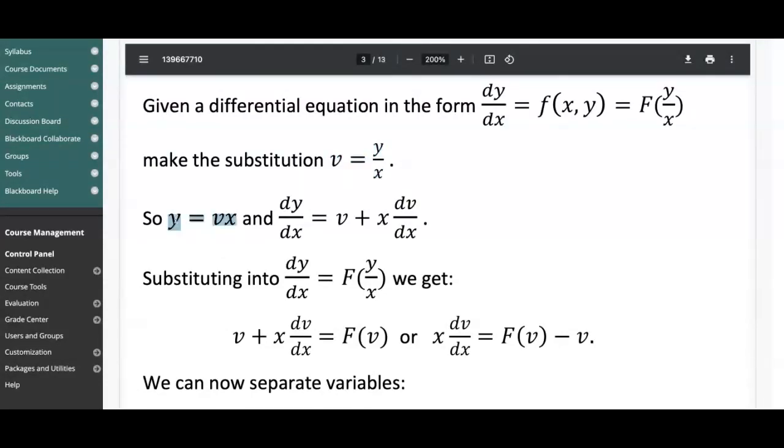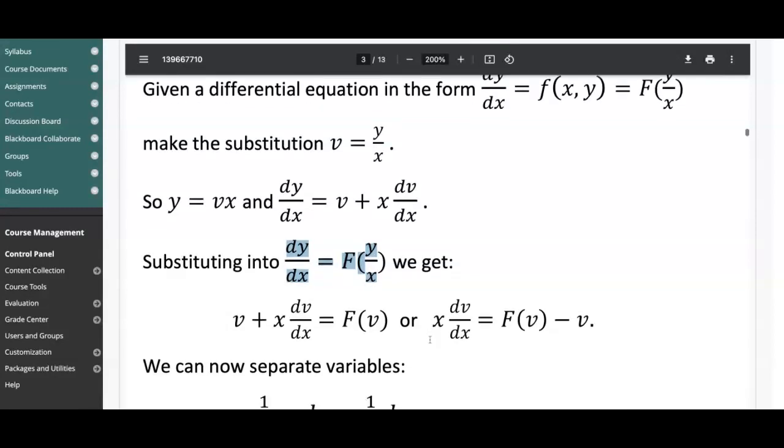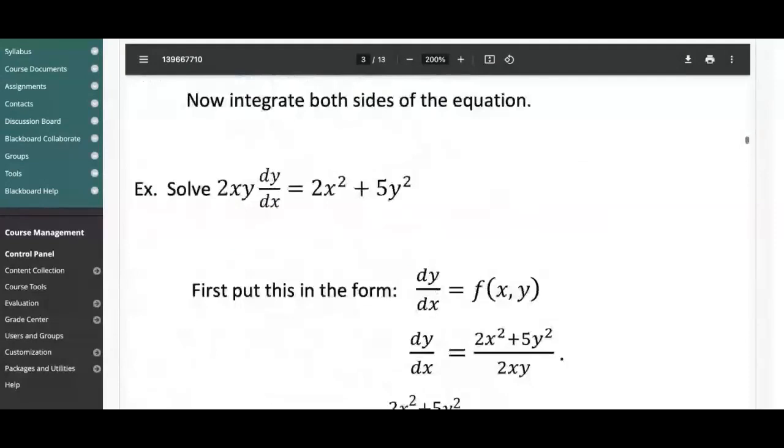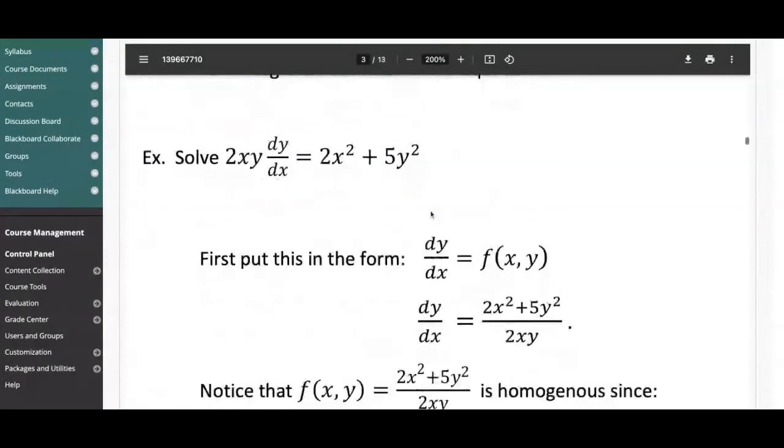Then we differentiate, and we get this. Then we plug back into the homogeneous function, and somehow we can make a separable equation. And then we know how to deal with separable equations. Okay, let's see an example.